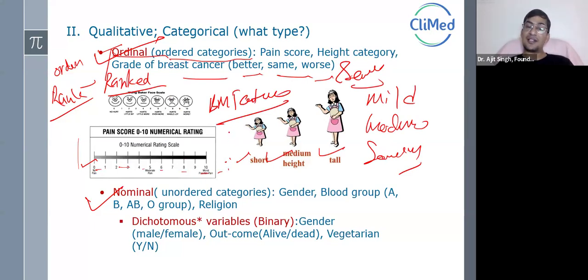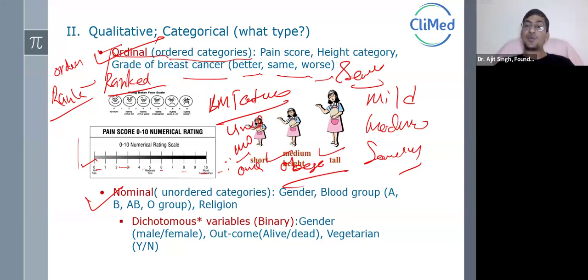BMI categories are underweight, then normal, then overweight, then obese, right? So this is a rank. There is the order in the categories.